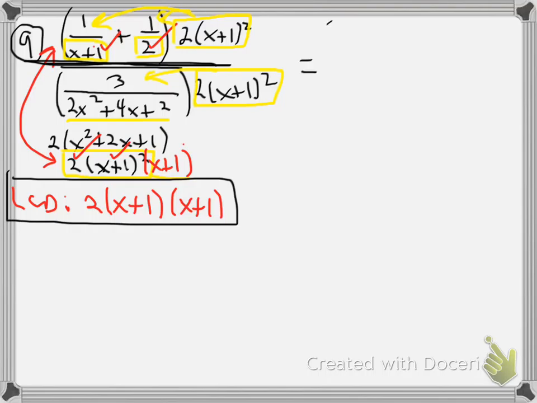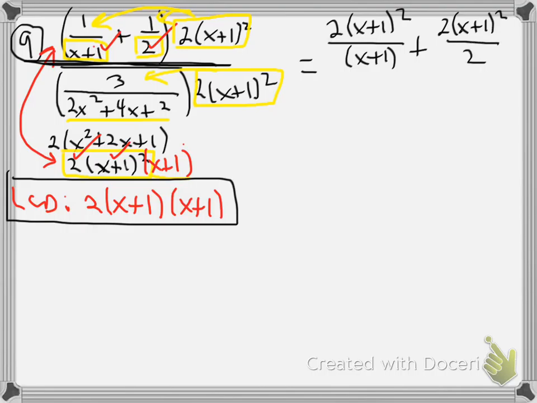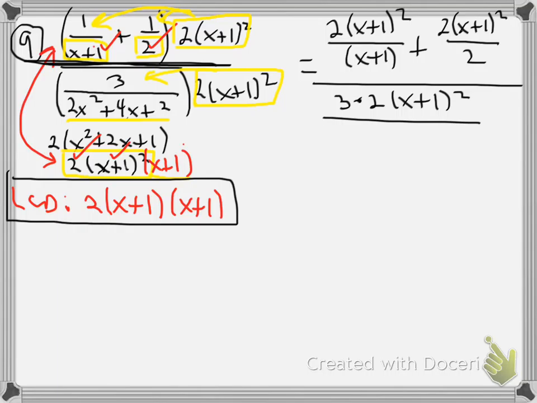So when I do that, this is what it's going to look like. It's going to be 2x plus 1 squared over x plus 1, that's the top, plus another 2x plus 1 squared over 2. That's the numerator. And then the bottom is going to be 3 times 2x plus 1 squared over, remember what the bottom became?